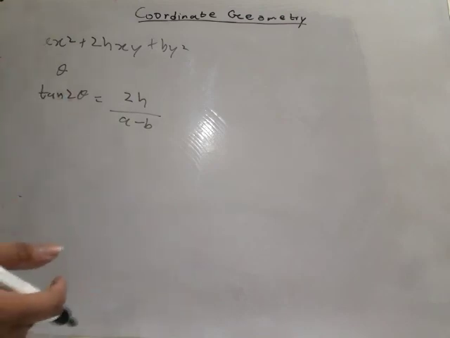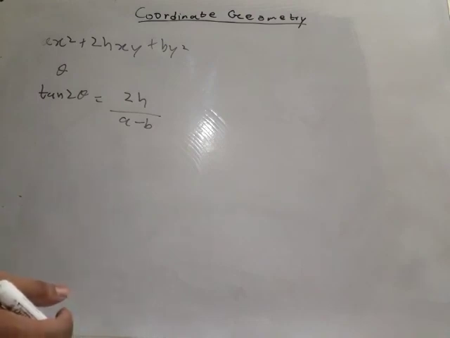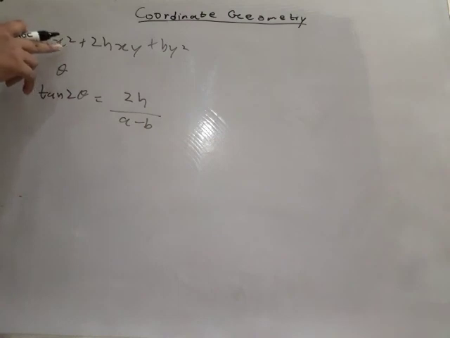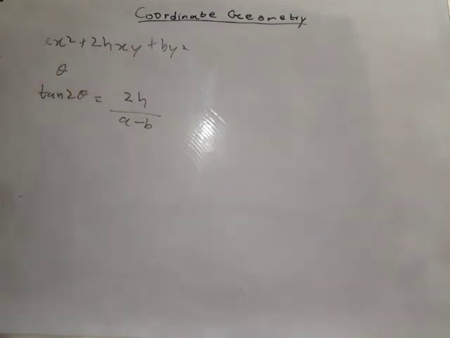I have just given how to find the new equation from the old equation after rotation of axis through an angle theta. We will use that concept and substitute values of initial x and initial y in terms of x dash and y dash.